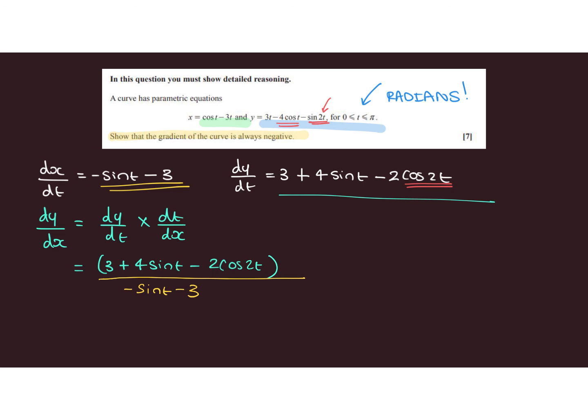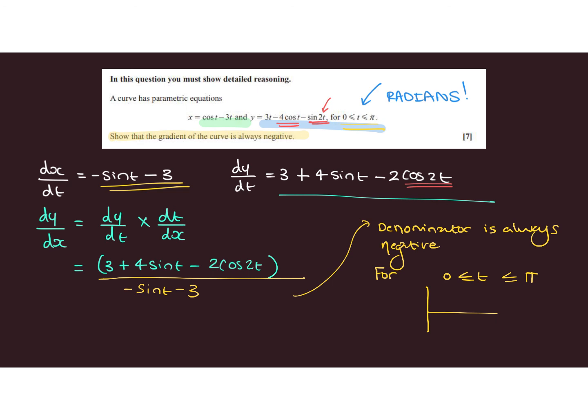Now, it's easy to see that the denominator is always negative. And that's because we're defining this for t values between 0 and pi.